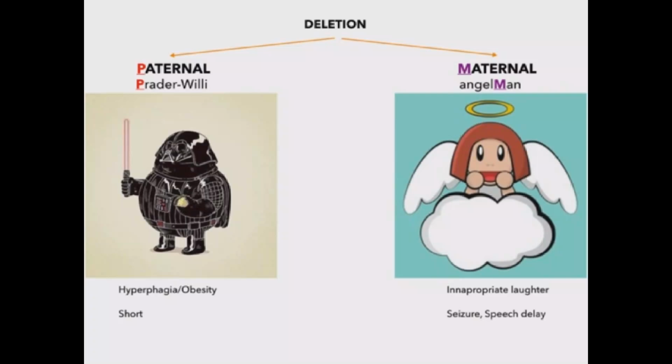Remembering that hyperphagia and obesity is the key hallmark high-yield symptom of Prader-Willi syndrome. For Angelman, we remember our inappropriately laughing little angel. Inappropriate laughter, also with some seizure and speech delay, but the big one is the inappropriate laughter. That is your quick high-yield review of Prader-Willi syndrome and Angelman syndrome.